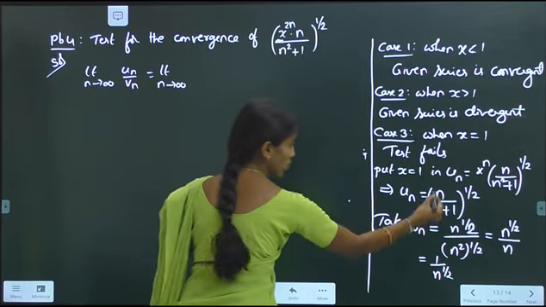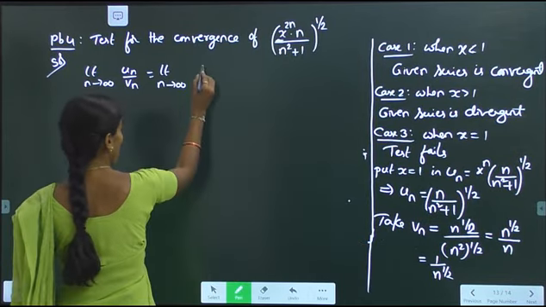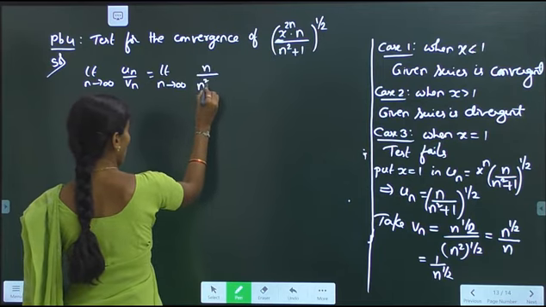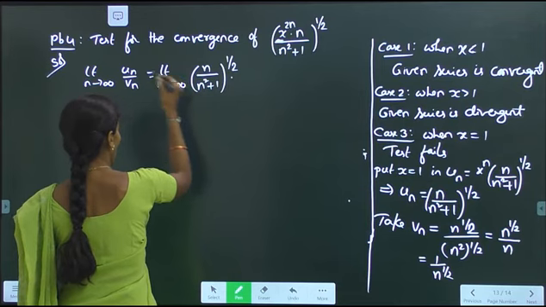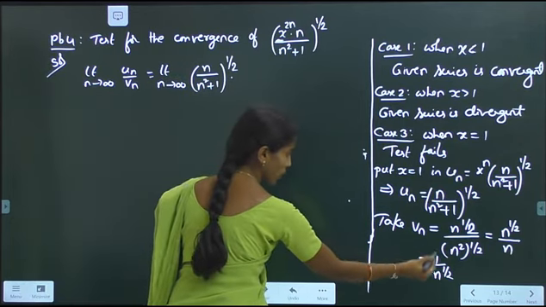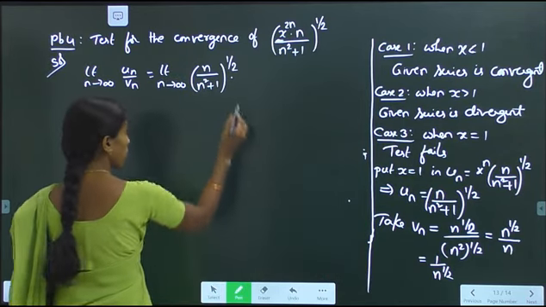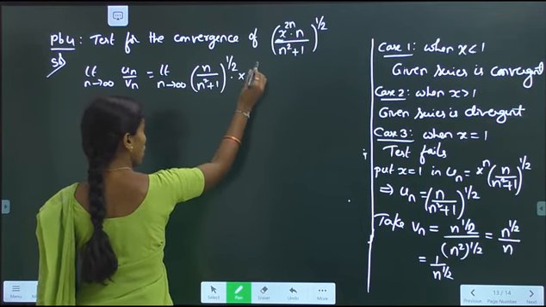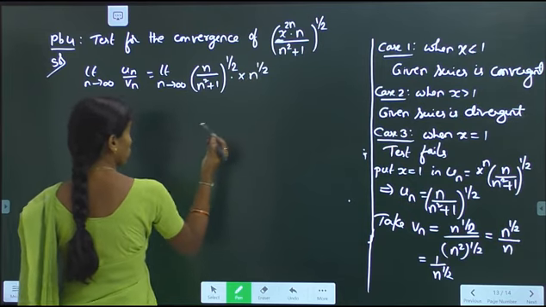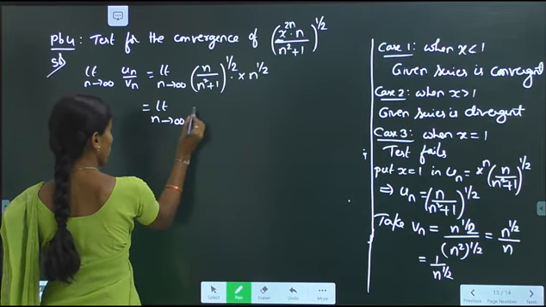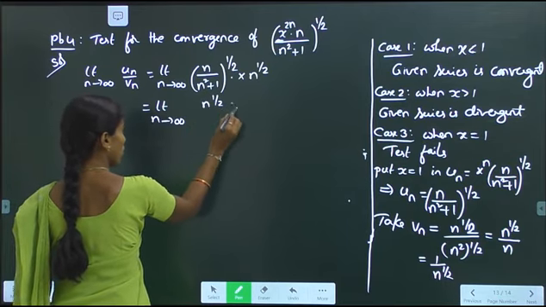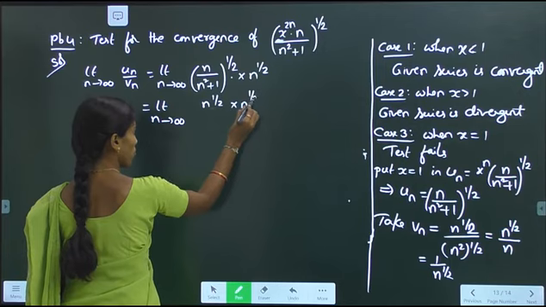In this case, un is n by (n square plus 1) whole to the power 1 by 2. 1 by vn becomes into n to the power 1 by 2. So as n tends to infinity, n power half into n power half.